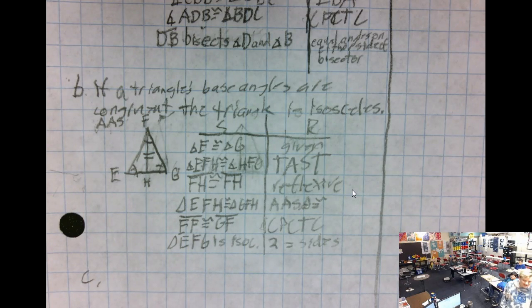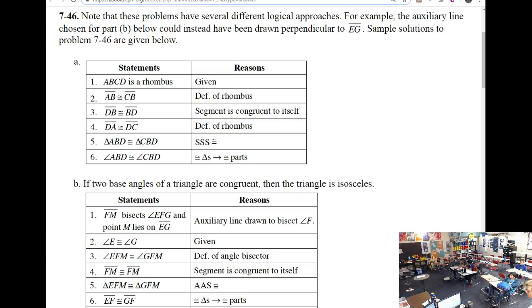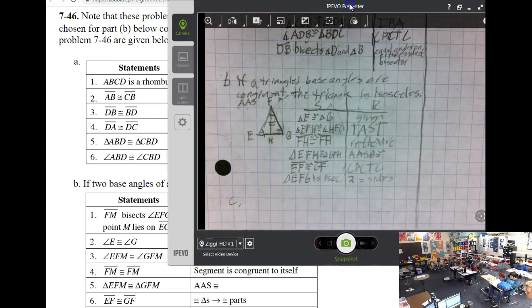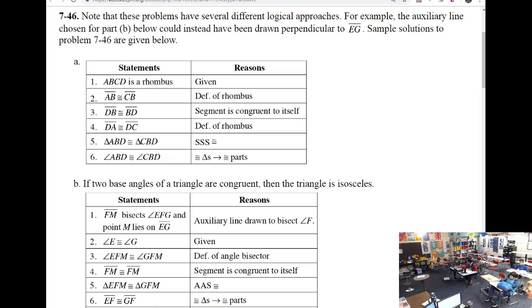Well, there's his B. If anyone wants comparison. Wow. The first thing they do in their B is say here's what I did: I did an auxiliary line.